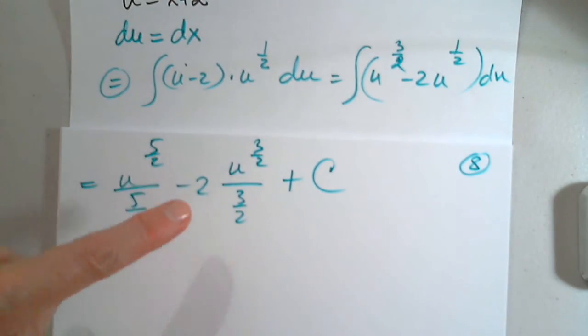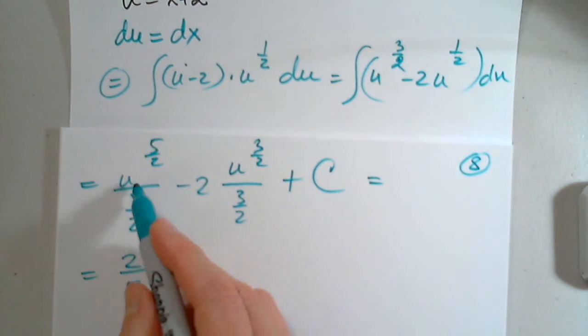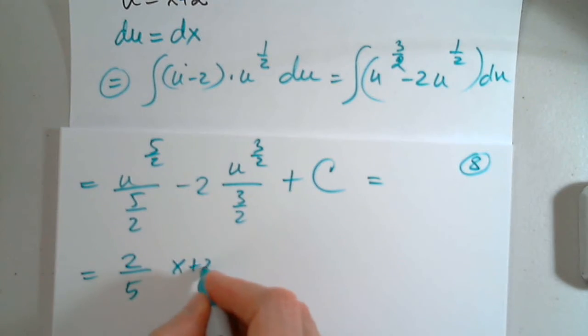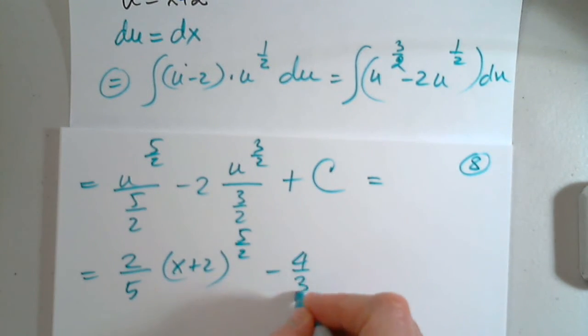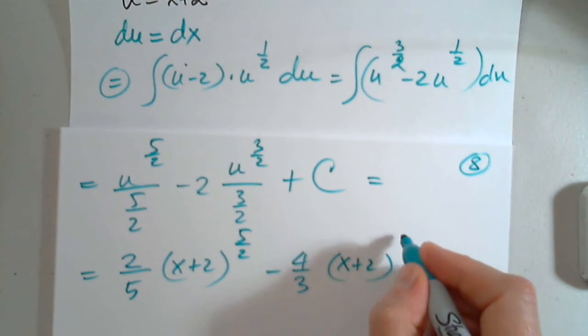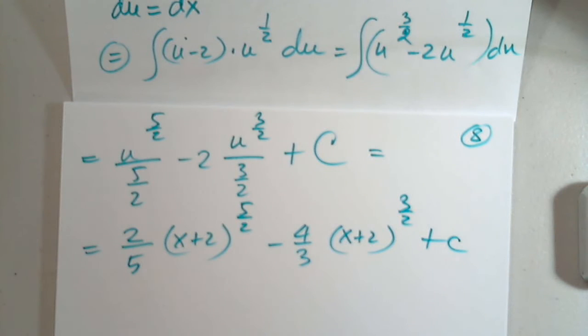Flip, flip, and replace. 2/5 u. What was u? (x plus 2) to the 5/2 minus, flip, 4/3 (x plus 2) to the 3/2, plus a constant c. Done.